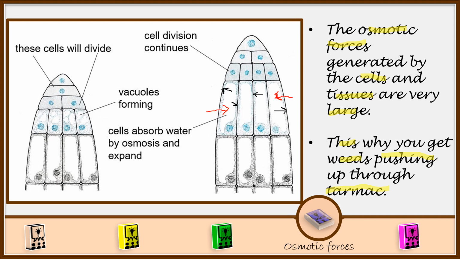And this is what is going to cause the plant to push out of the tarmac, because of the osmotic pressure exerted by the vacuole onto the walls of the cell.